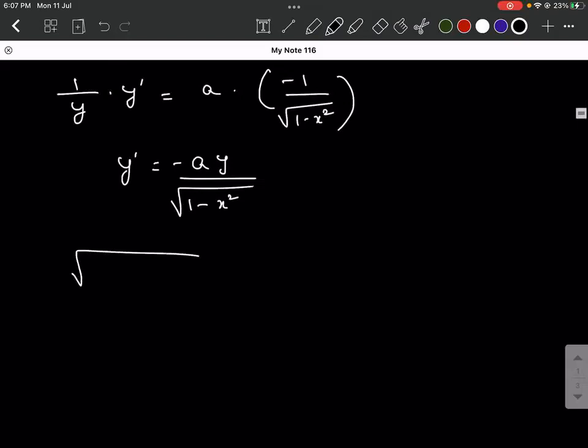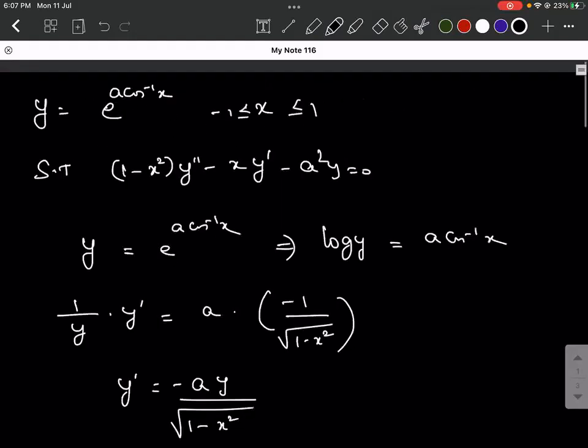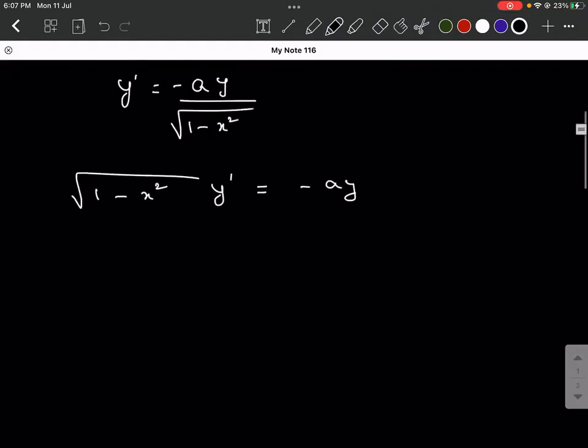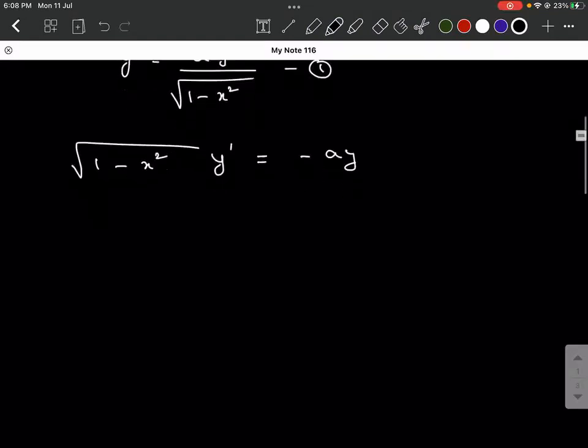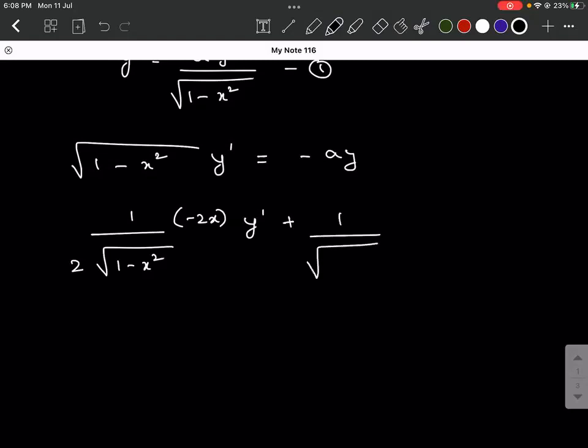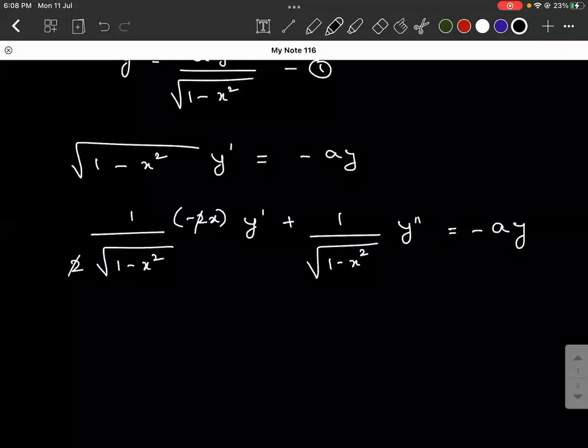Now what I can do is root of 1 minus x square into y dash, I'll write it as minus ay. Let me call this equation number 1. If I start differentiating this, what will I get? 1 by 2 root of 1 minus x square into minus 2x into y dash, plus 1 by root of 1 minus x square into y double dash, is equal to minus ay dash. The 2 and 2 are gone.